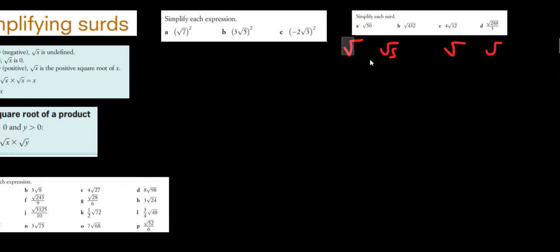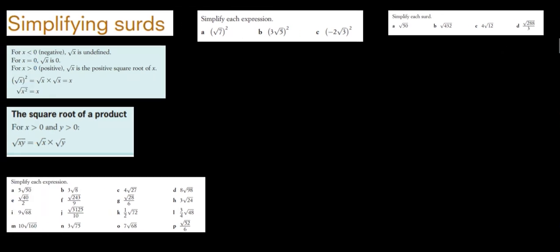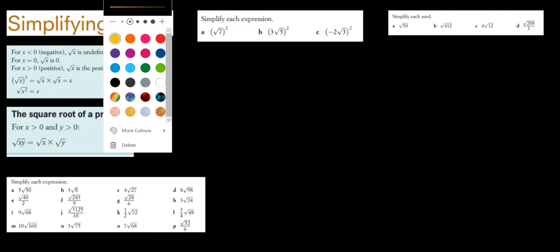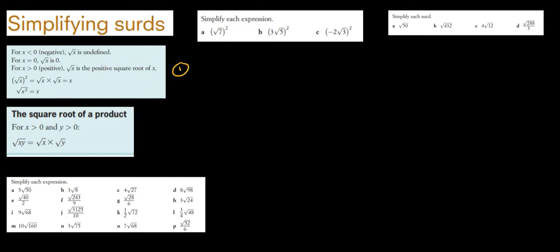Okay, so let's look at some examples. I'm going to simplify, let's do an orange, the root of 8, the root of 20, the root of 50, the root of 150.